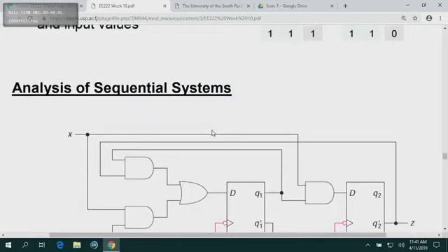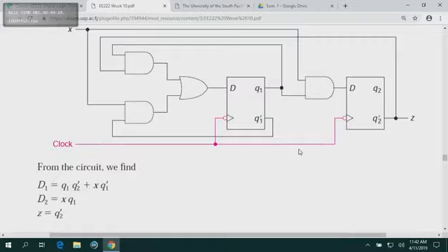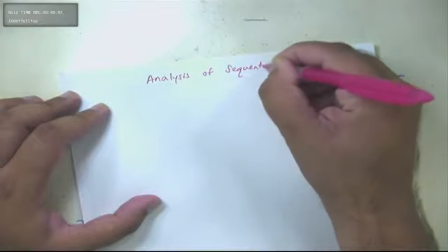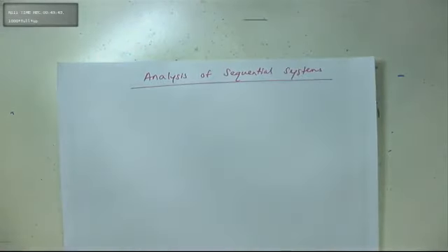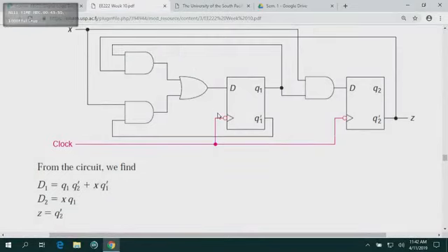So all our three equations, we're doing an analysis problem. Now, the problem on page number 12.